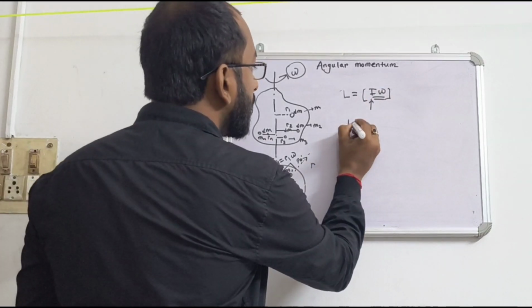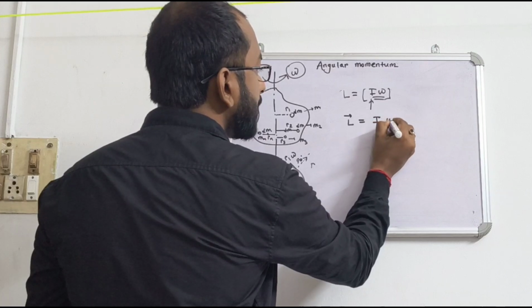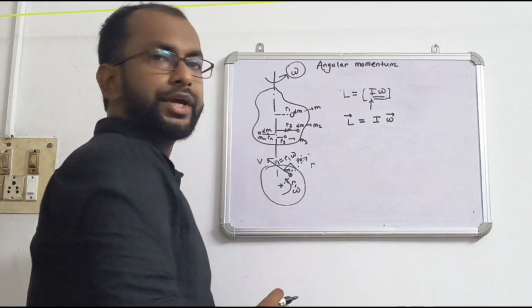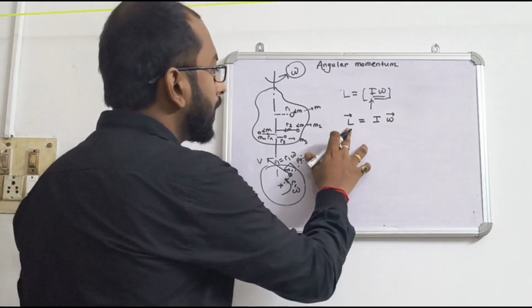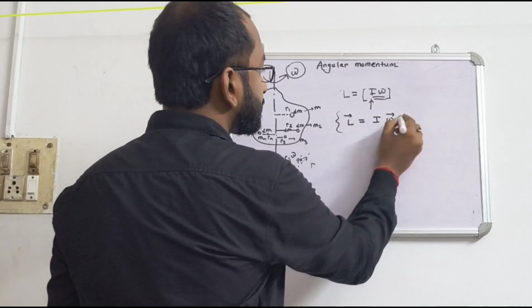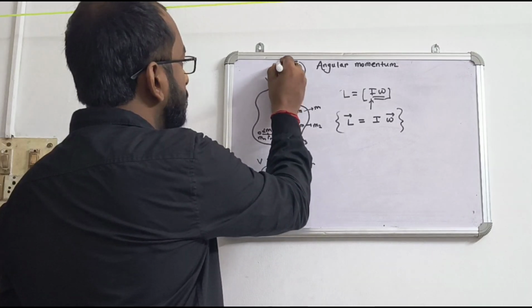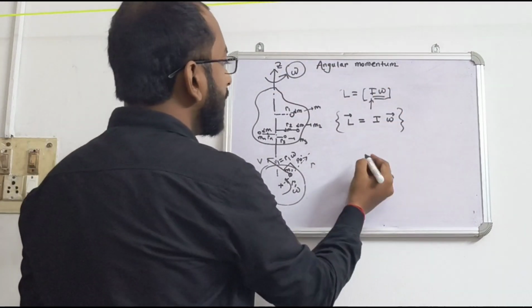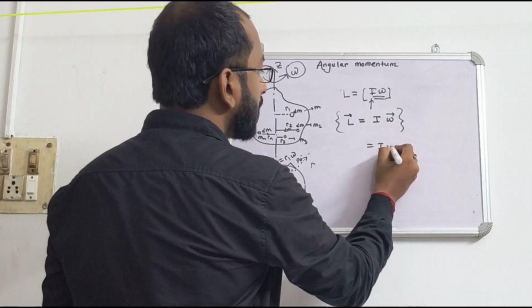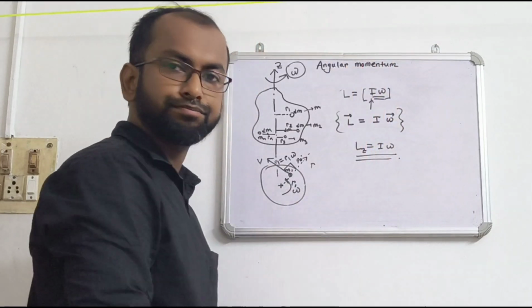So the angular momentum direction will be the same as the direction of the angular velocity. So L will be I into omega vector. But in this case, it is only rotating with respect to one particular axis, suppose Z. So it will be only I into omega in that direction. Lz equal to I into omega. Nothing else. That's it.